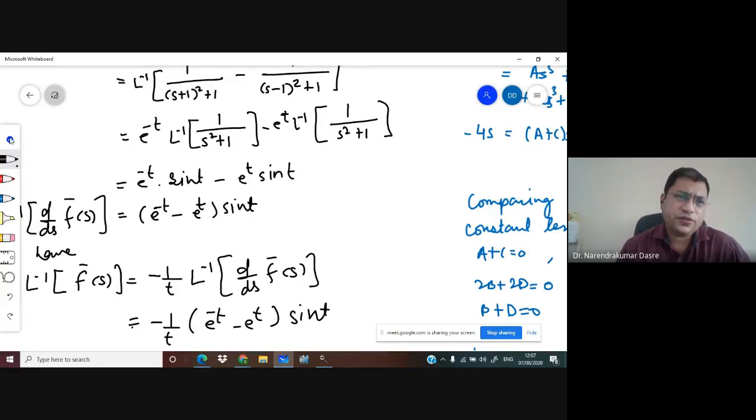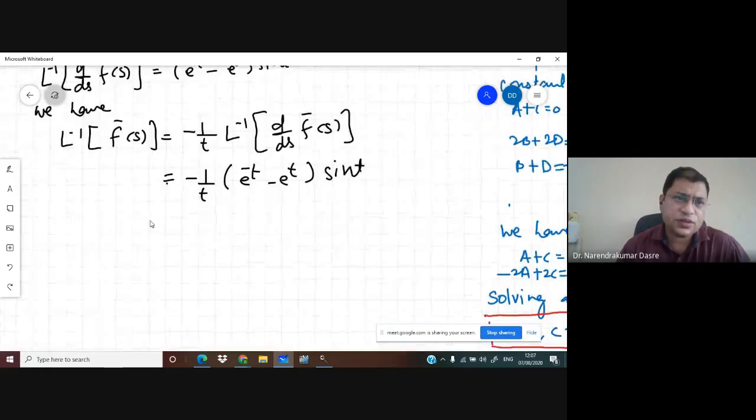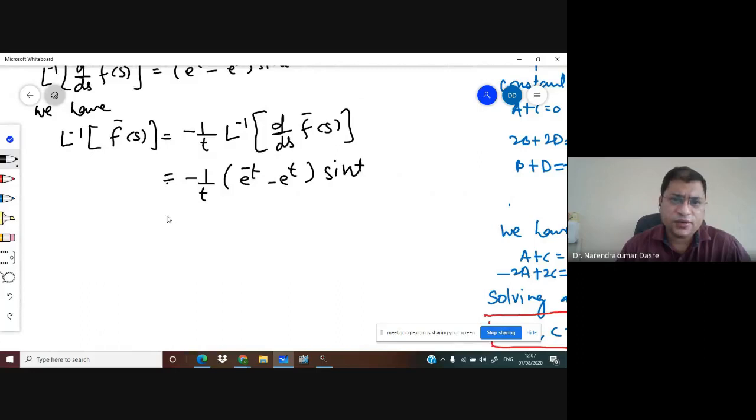Then we have the property that Laplace inverse of f bar of s is equal to minus 1 by t Laplace inverse of d by ds of f bar of s, and hence we get minus 1 by t (e raised to minus t minus e raised to t). So we can absorb this minus sign, and then we can write this as sine t upon t, and this is e raised to t minus e raised to minus t.